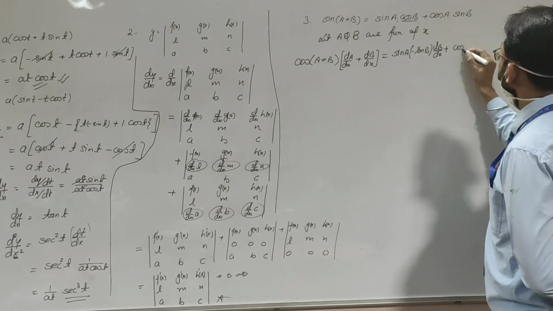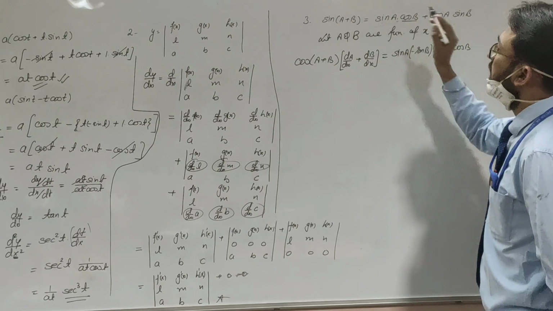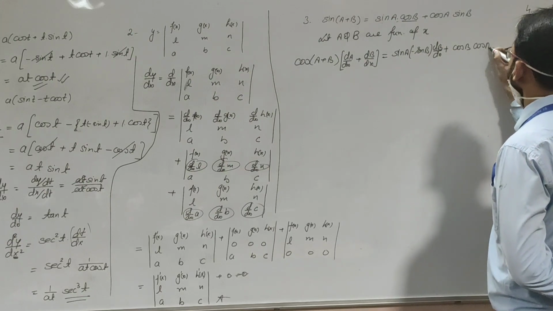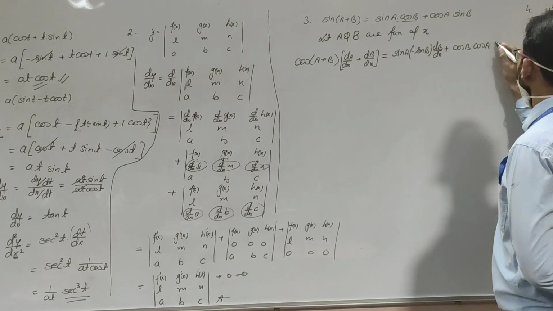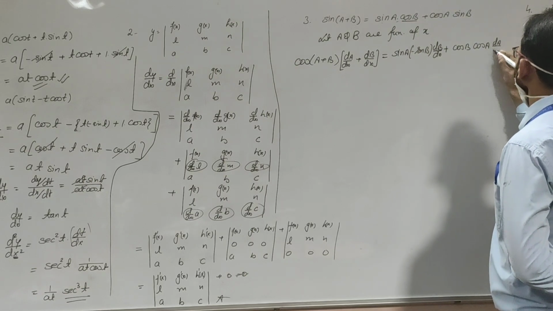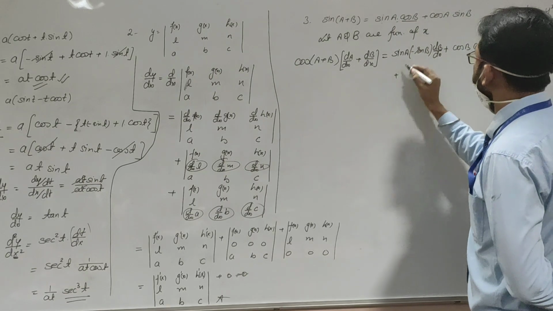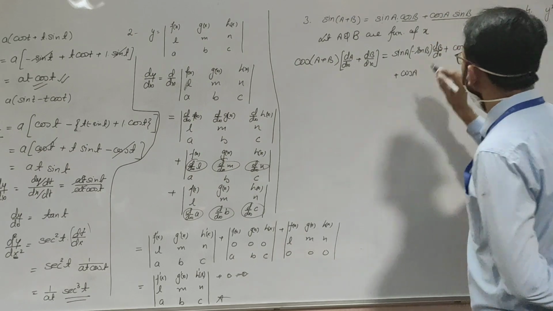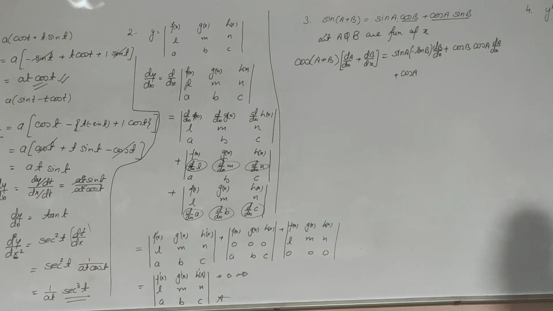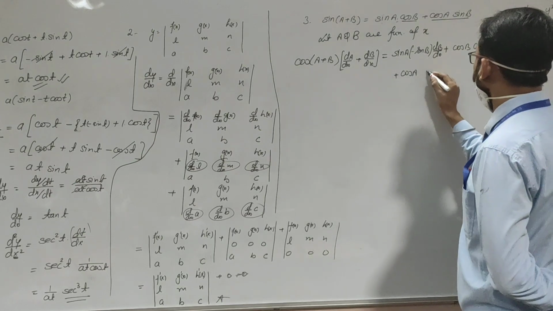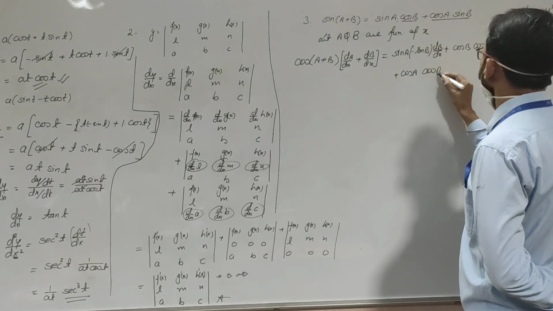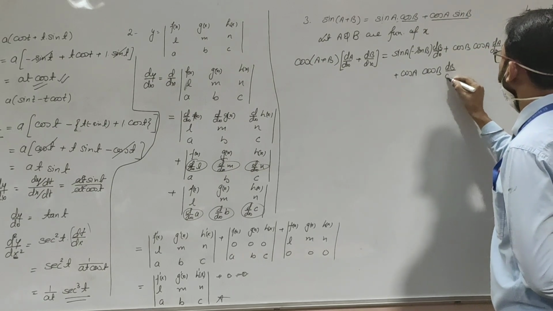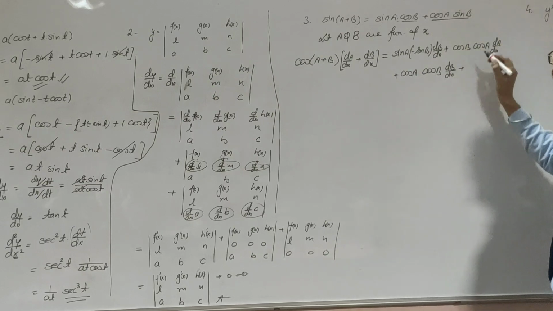Now cos B, differentiation of sin A will be cos A, then differentiation of A will be dA/dx, plus, now first function cos A, differentiation of sin B will be cos B, then differentiation of B will be dB/dx, plus.